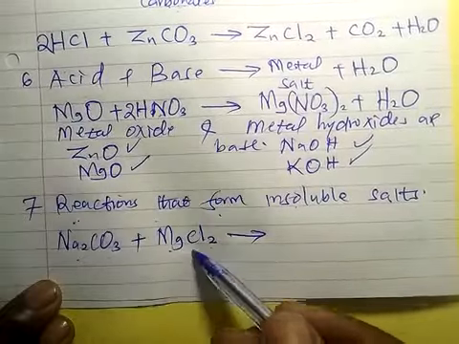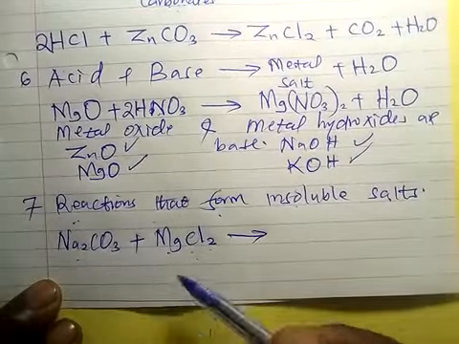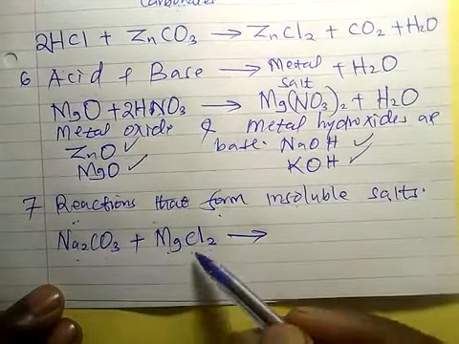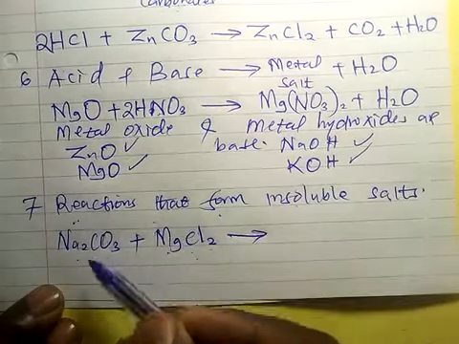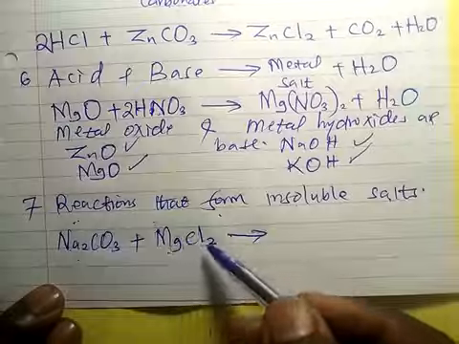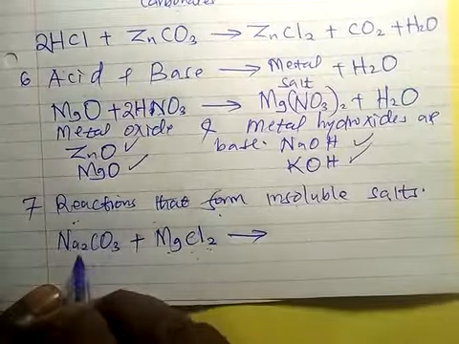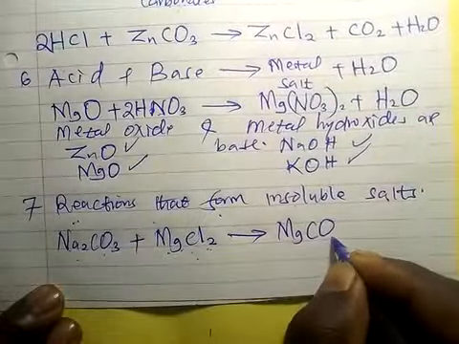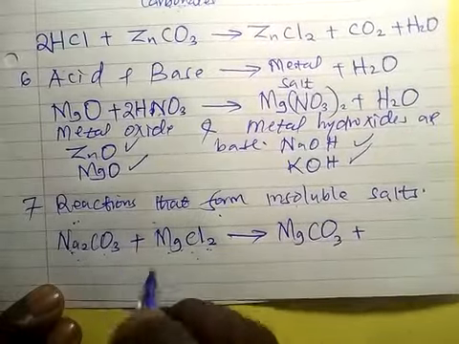This is a double decomposition reaction or a precipitation reaction. Therefore, they will exchange the cations and the anions. The cation this side will take the anion this side, and the cation this side will take the anion this side. So this one is going to form magnesium carbonate plus sodium chloride.